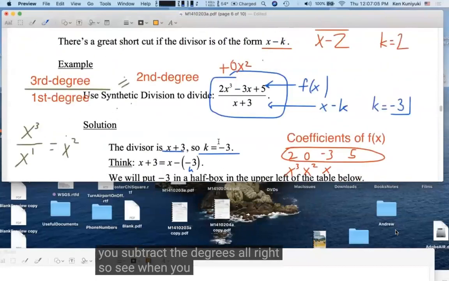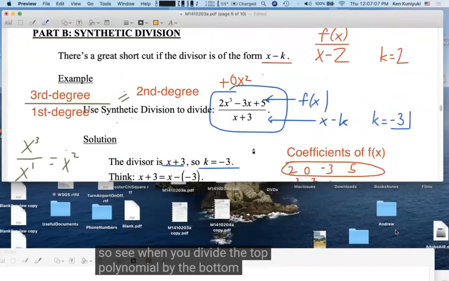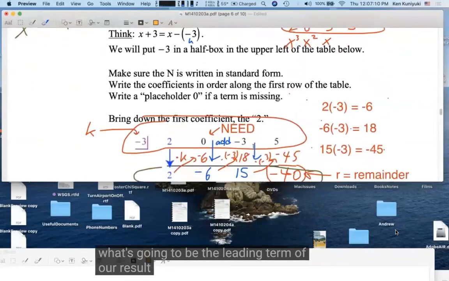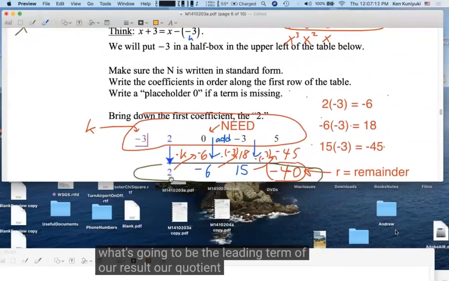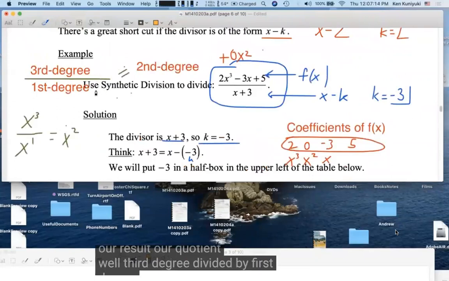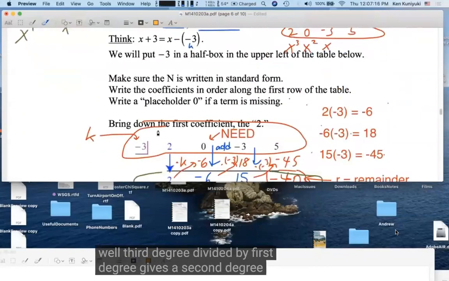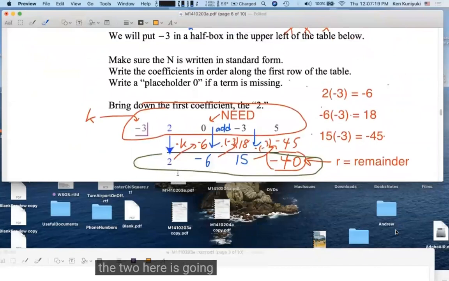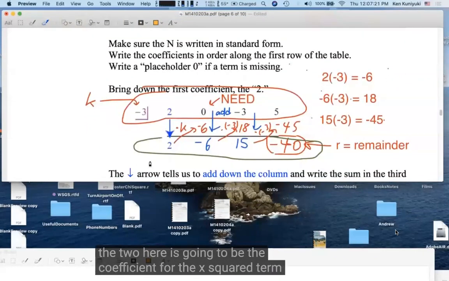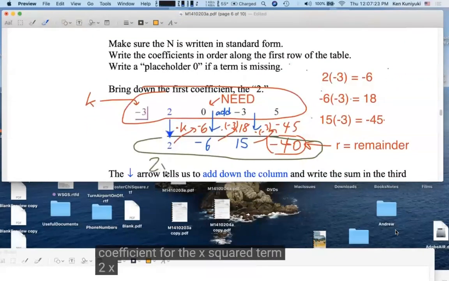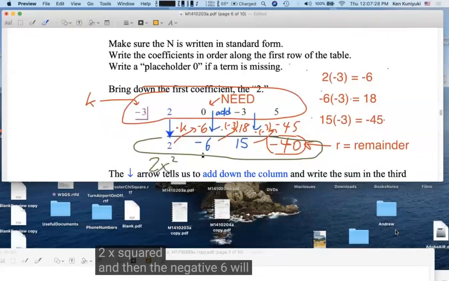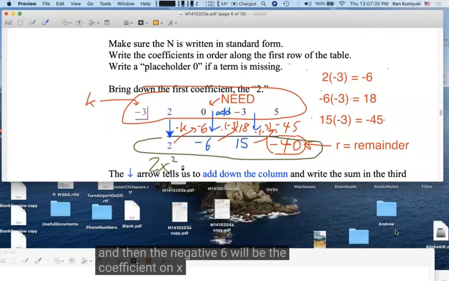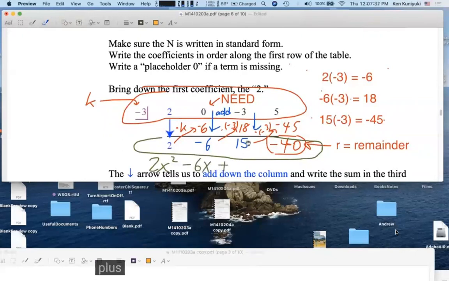All right. When you divide the top polynomial by the bottom, what's going to be the leading term of our result, our quotient? Third degree divided by first degree gives us second degree. The 2 here is going to be the coefficient for the x squared term, 2x squared. And then the negative 6 will be the coefficient on x, negative 6x, plus the 15 over here.